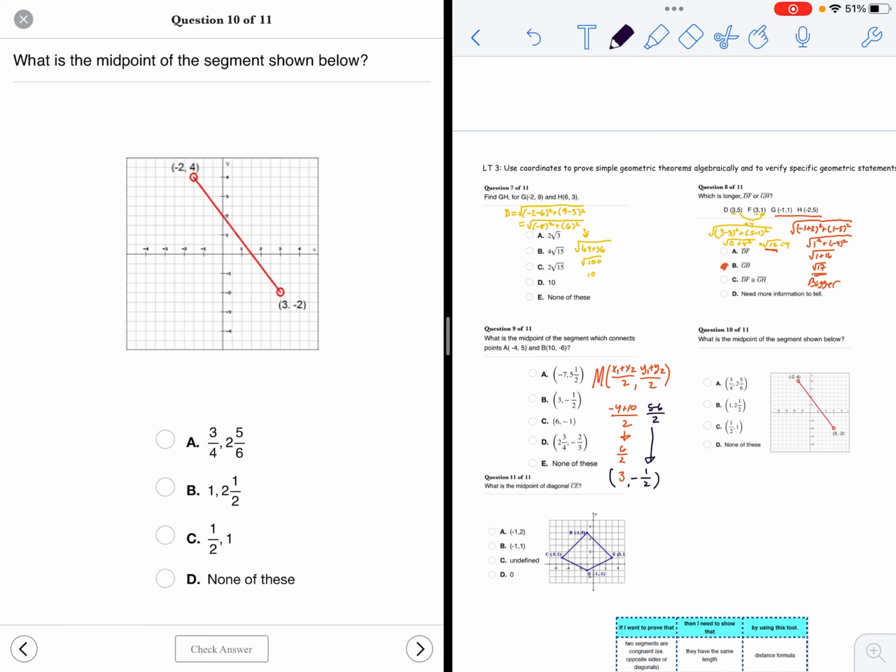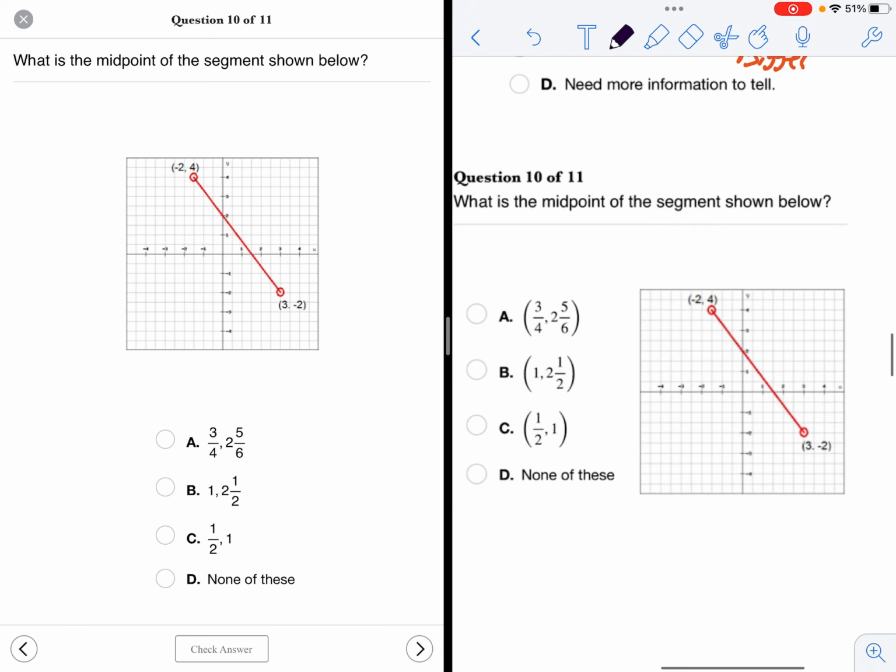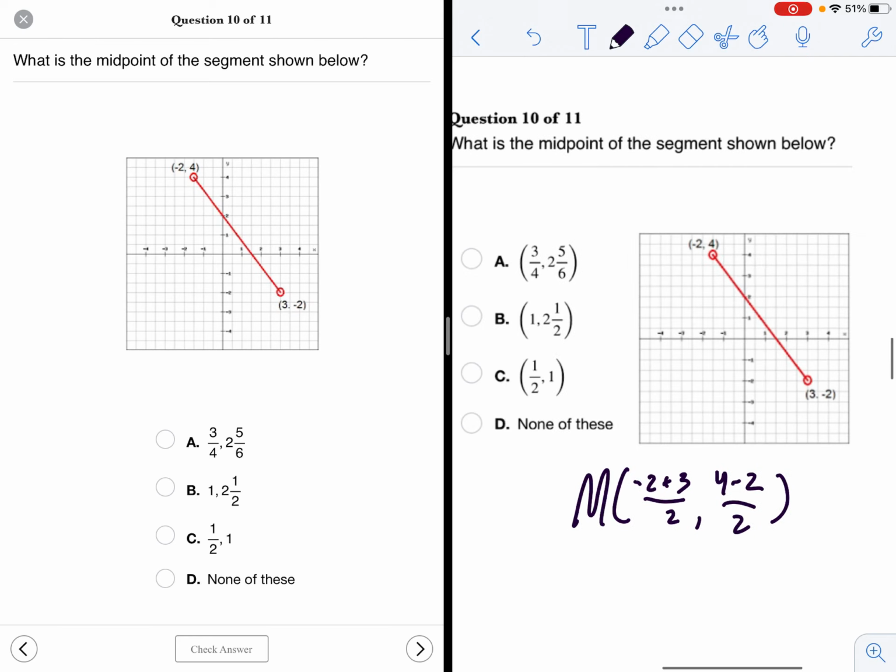And in the midpoint of this segment, yeah, we could easily count, but since we're practicing it, it's so relaxing just to find a bunch of midpoints. 1/2 over and 1.